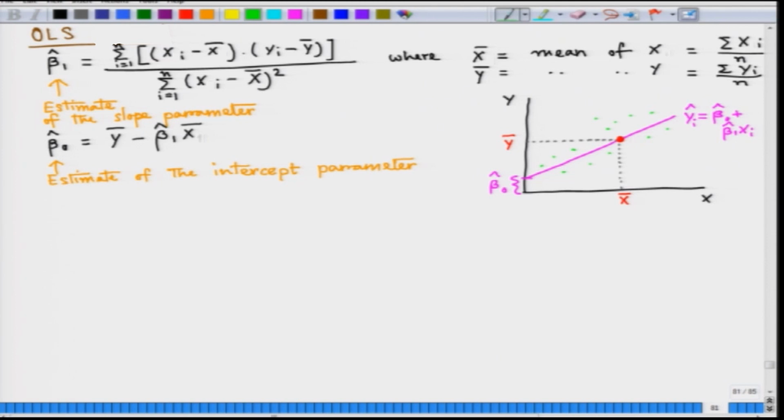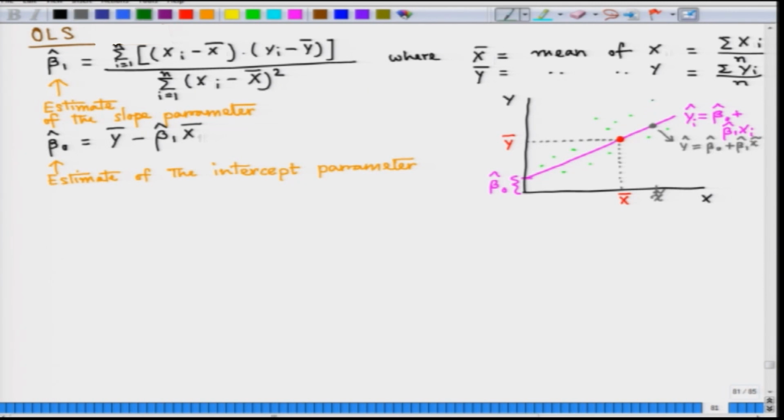Let me assume any particular value of x, say x tilde, and for this value this point is y hat equals beta naught hat plus beta 1 hat x tilde.